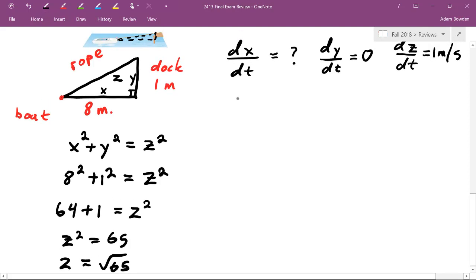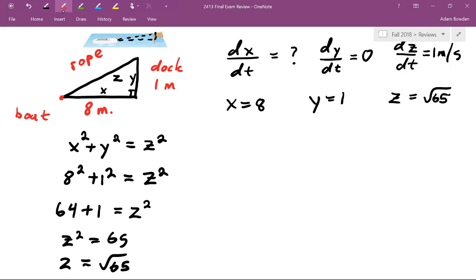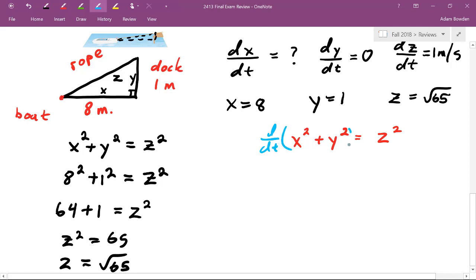Okay, so now we have x is equal to 8, y is equal to 1, and z is equal to the square root of 65. What we're going to do is again use the x squared plus y squared equals z squared formula, but this time we're going to take the derivative of both sides with respect to time. And that's going to introduce the derivatives and rates of change to our equation.